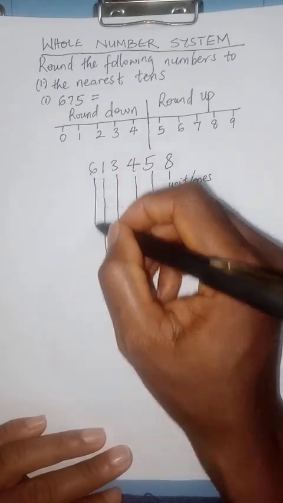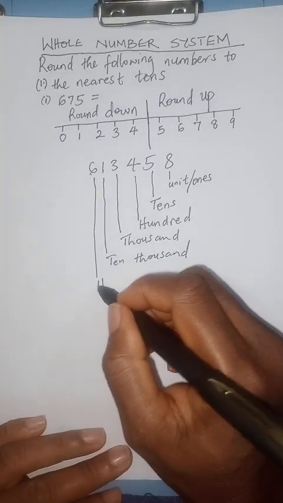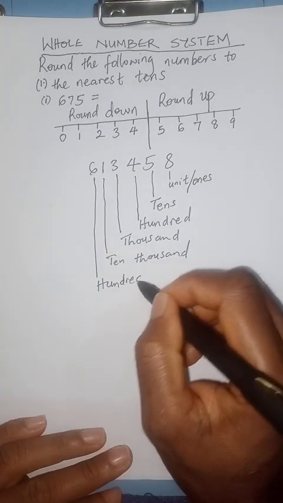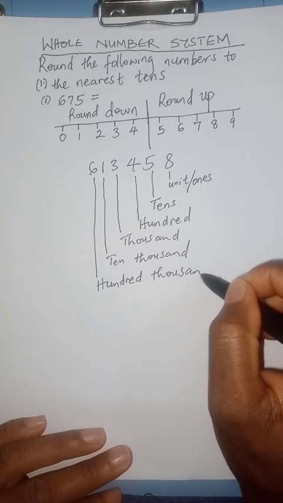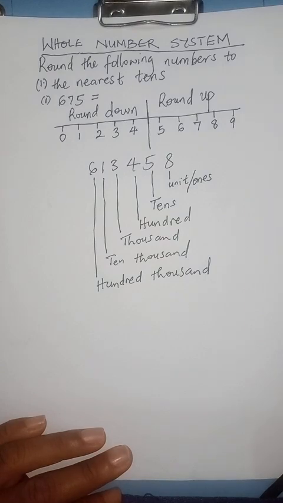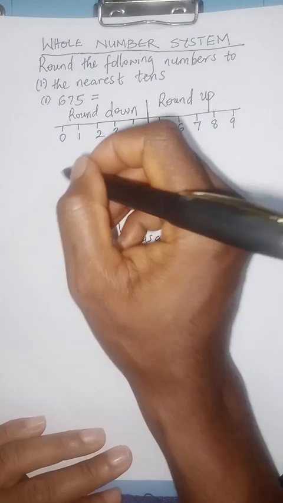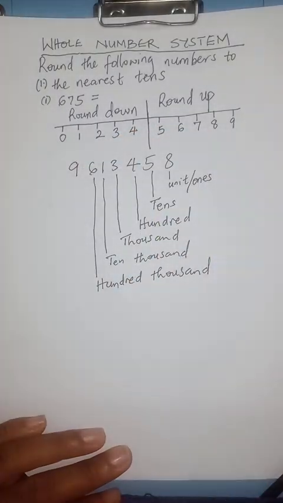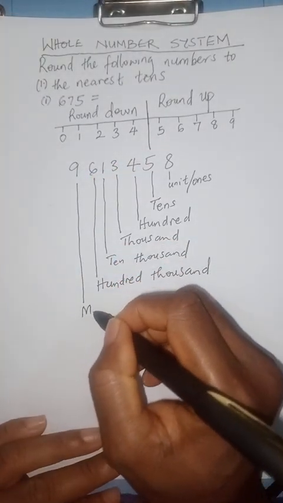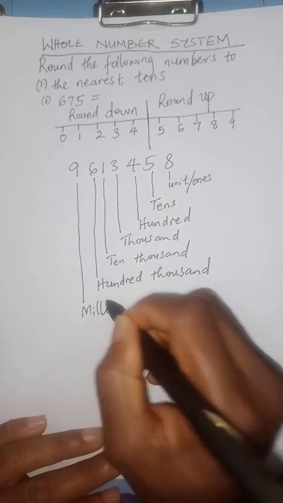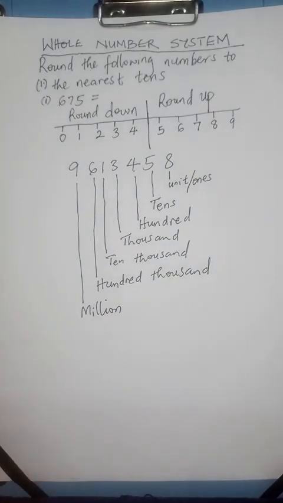The next will be 100,000. Okay, let's assume you have another number here before 6. Then this will be your million. Okay, we can stop it here.